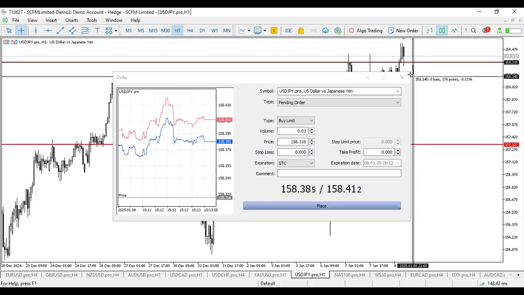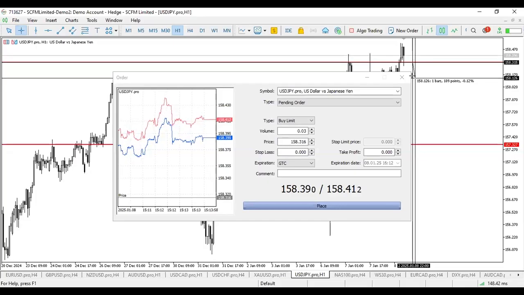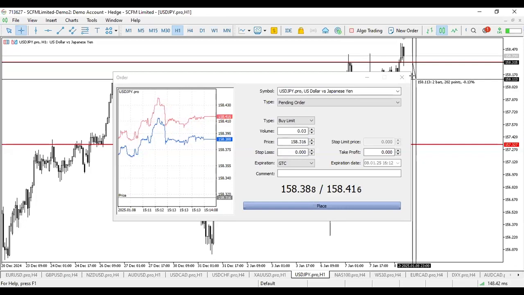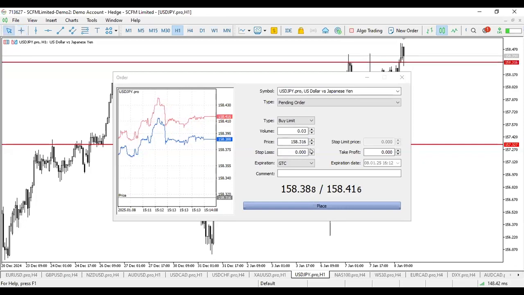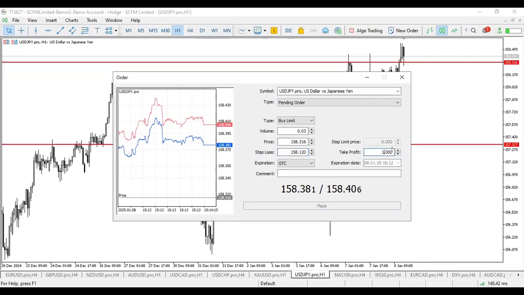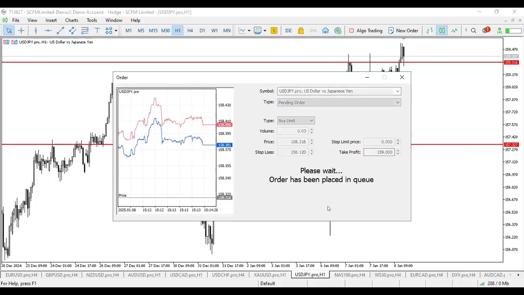So a stop loss prevents you from blowing the whole account. For example, on this one, let's use a stop loss of 158.120. Then the take profit is 159. The take profit will definitely be higher than the price.